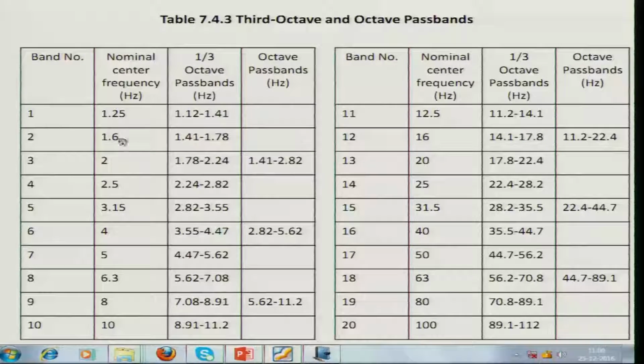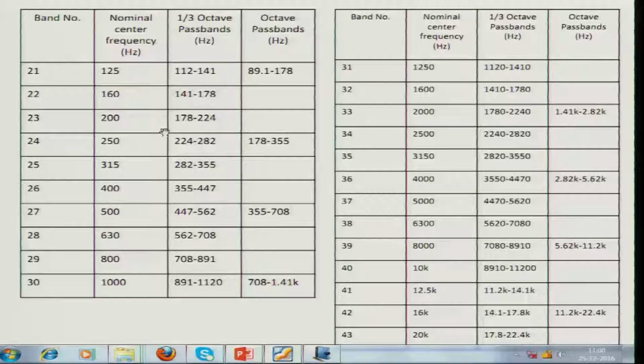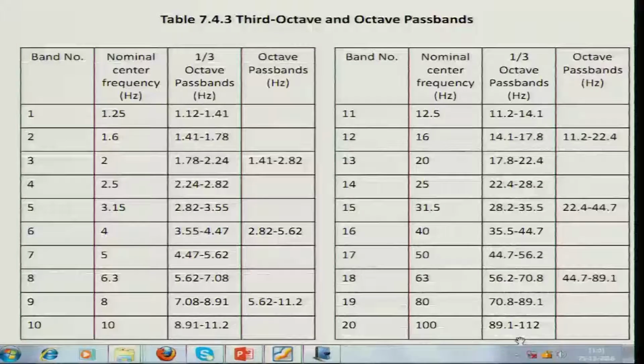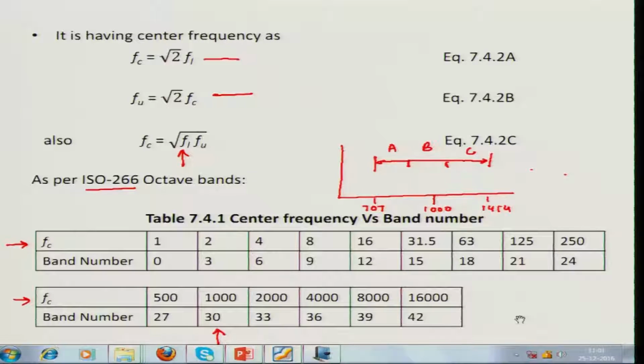So, what this table and methodology tells you is that the moment you know a band number, you can compute its central frequency and upper and lower frequency limits, and using this factor of 2 to the power of 1 by 3, you can construct all the 1/3 octave bands and also octave bands. We go up to 22.4 kilohertz, and if you want we can go even further. This is an important method, and using this people have created industry standard octave bands.